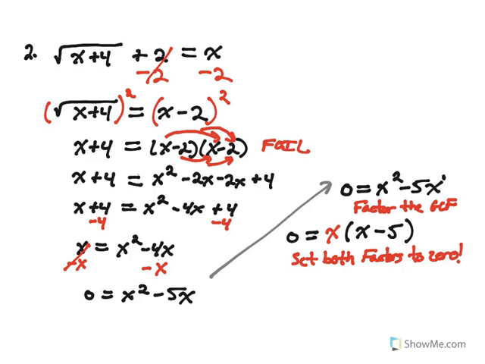Okay, so the first factor, x, again, we're going to set equal to 0. And then now we're going to do x minus 5 equal to 0. And all we got to do now is solve for x, okay?